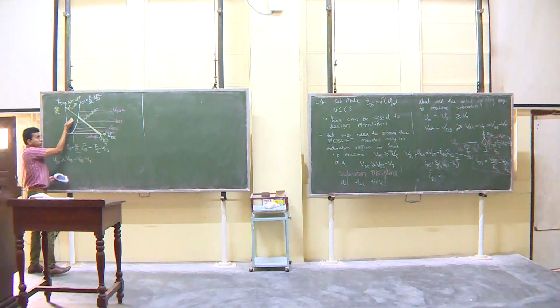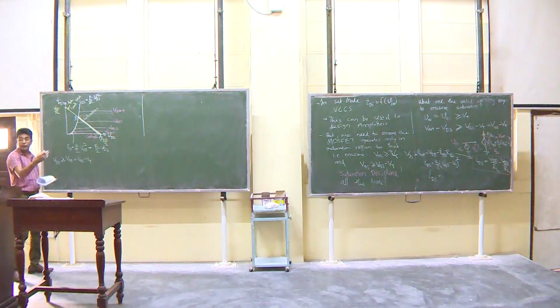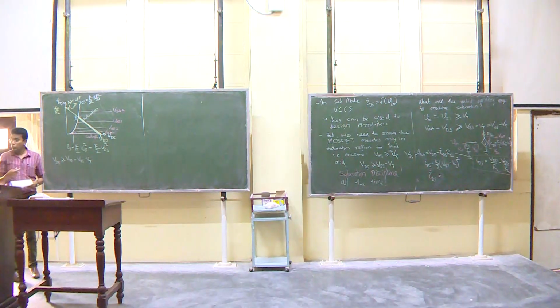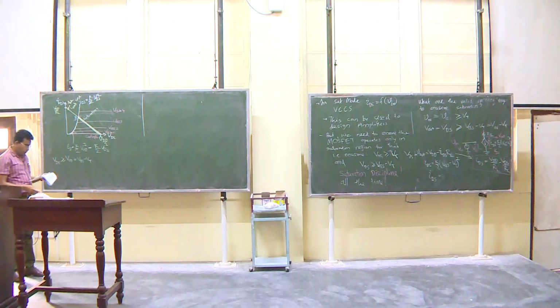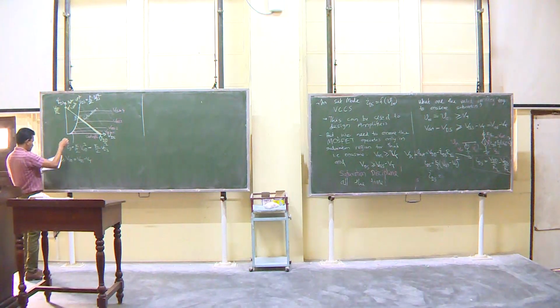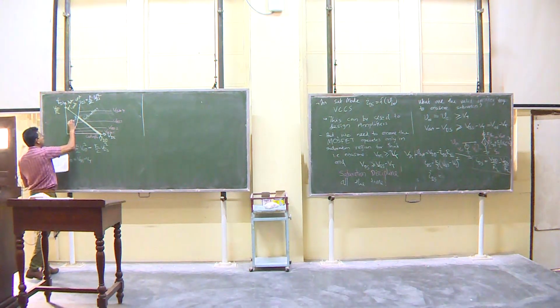This side is triode, so therefore it has to stop here. Anything going above that means it will be going into the triode region, so it should not. So this is my saturation region, this is your cutoff region, and this is my triode region.